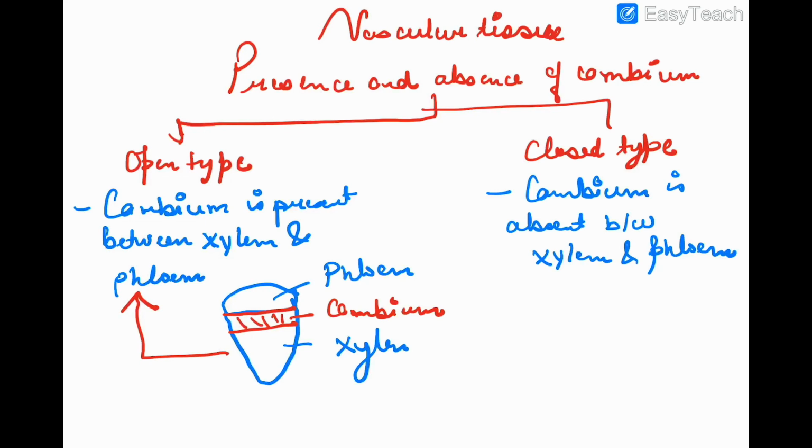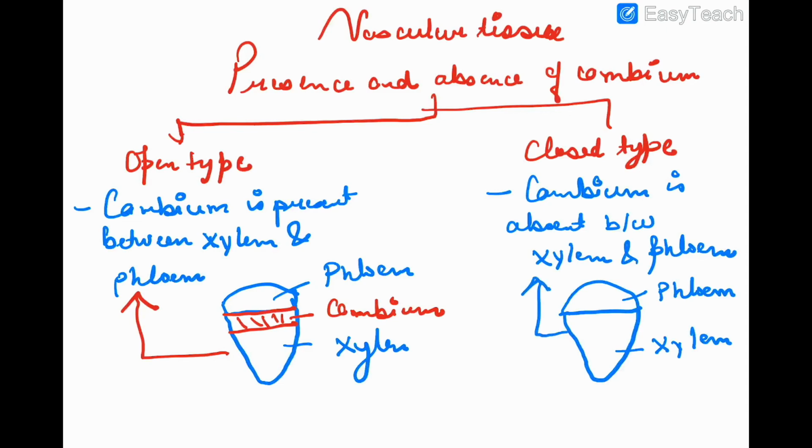Whereas if this is the phloem and this is the xylem, and this is the phloem, since cambium is absent here between the xylem and phloem, this is a closed type of vascular tissue.